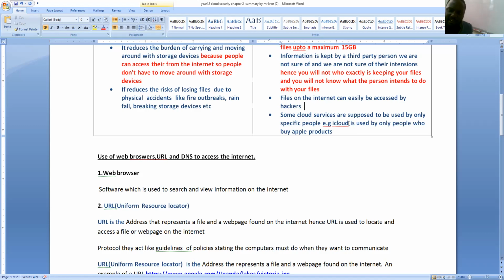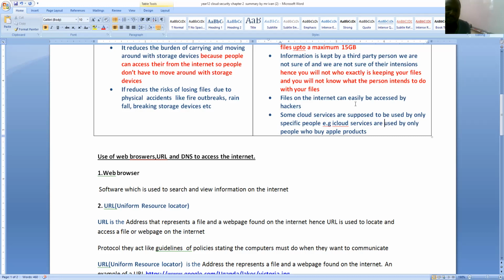For example, the iCloud services are used only by people who buy Apple products.